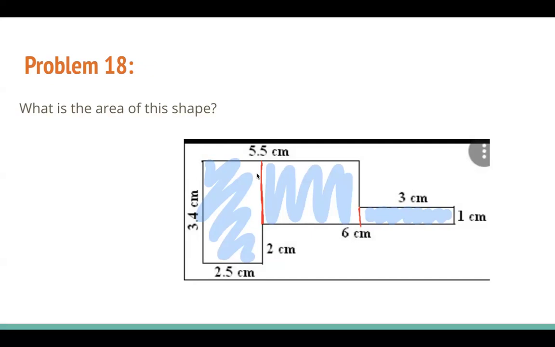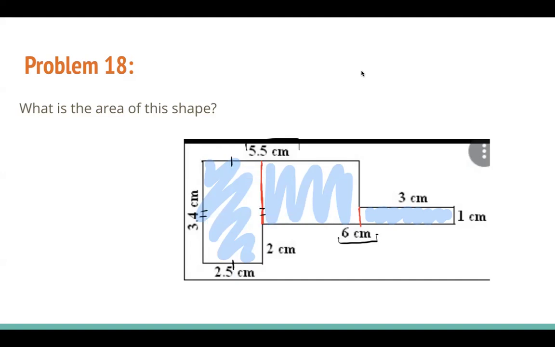But we have to be careful here because of the sides. We need to be careful with the 5.5 and the 6 because we are splitting those into rectangles with different lengths. We know that within a rectangle, this side must be equal to this side.